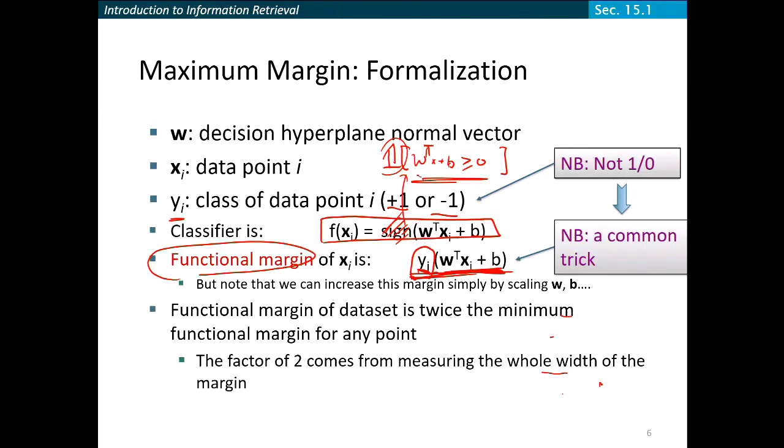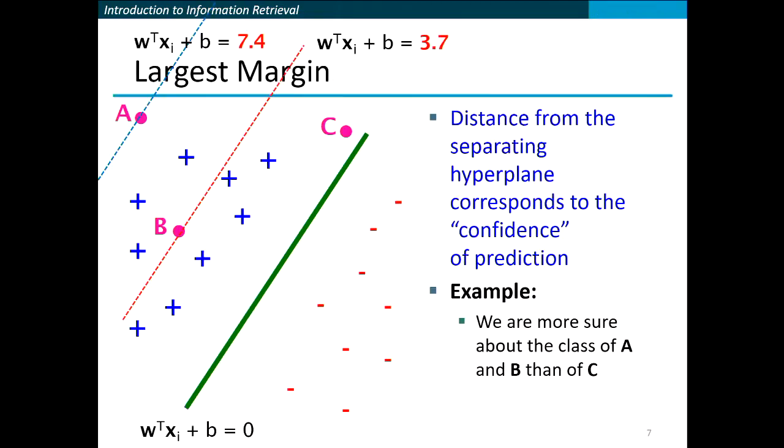Because we want to maximize this functional margin, we cannot do that. This alone is not good enough because there is a trivial solution where you set W to be a vector where each component is infinitely large. So that's not what we really want.